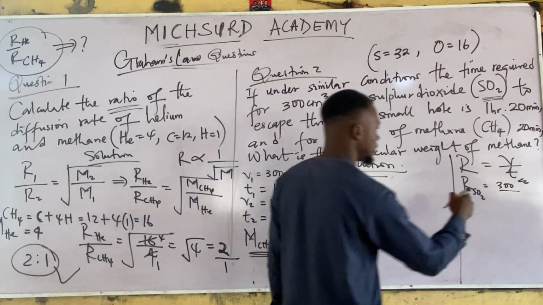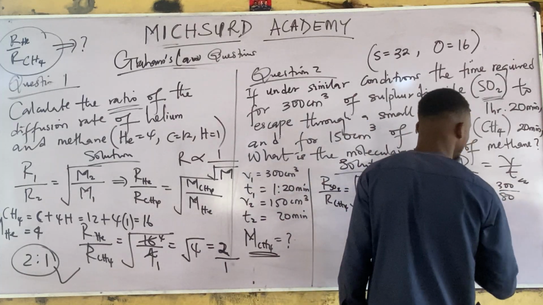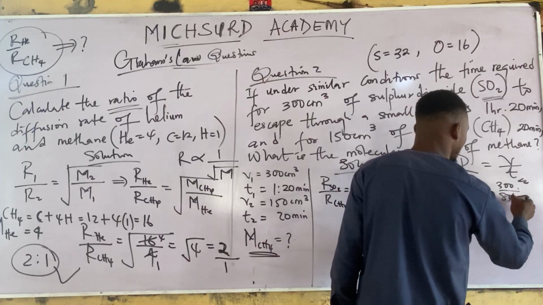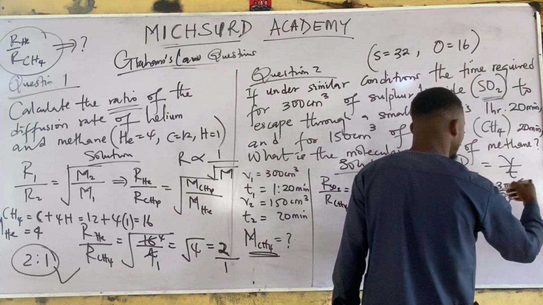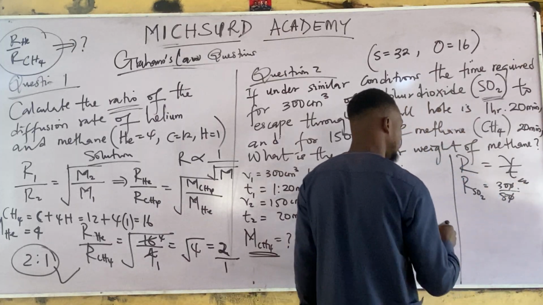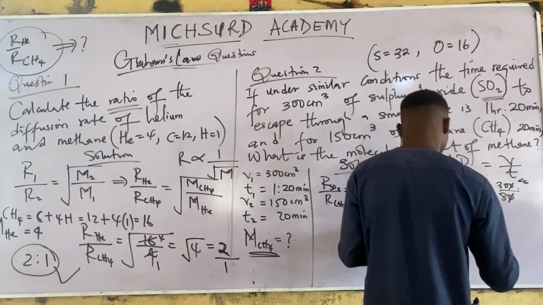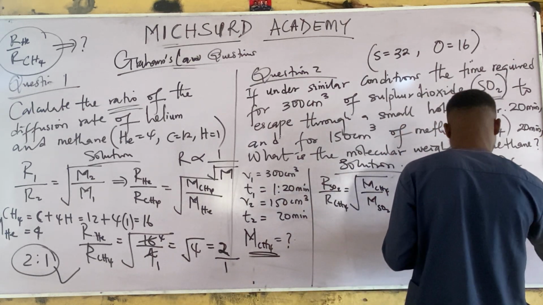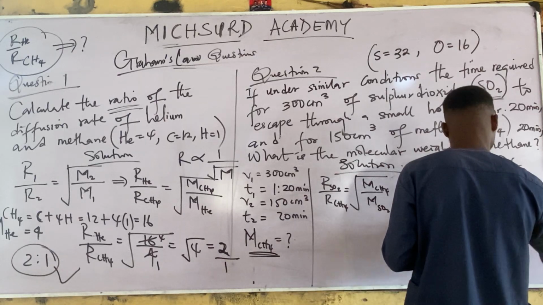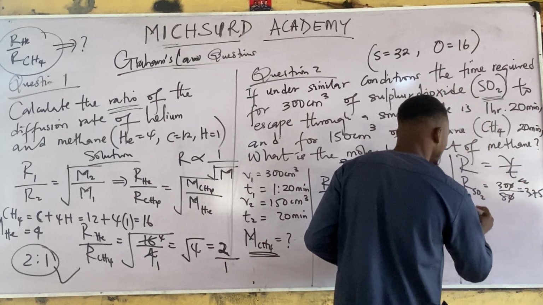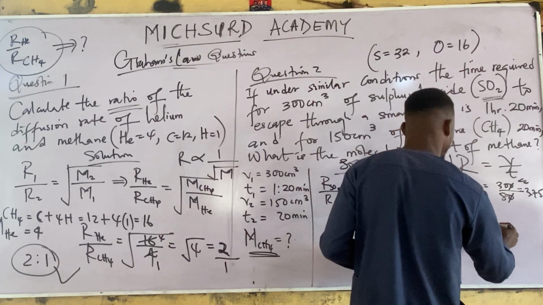So the time here is 80 minutes, which you can punch in your calculator. You can cancel out the zeros, then do the rest of the mathematics. From here we have 3.7 centimeter cube per minute.